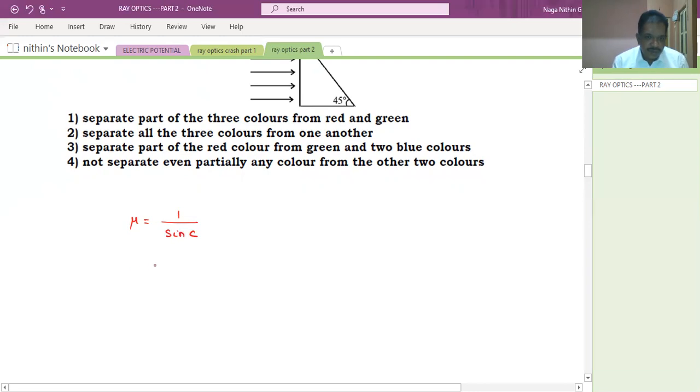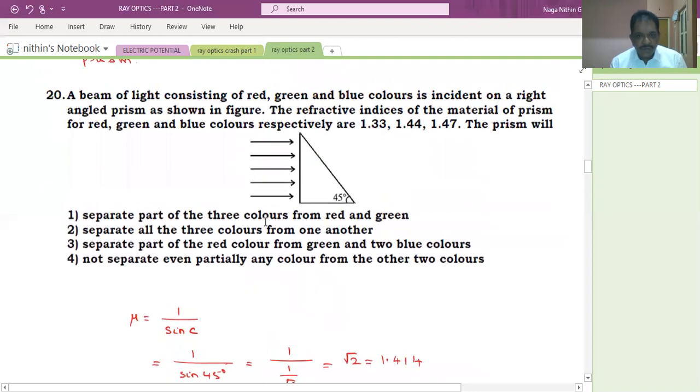Okay, mu value, so this is 1 by sin 45 degrees. So 1 by root 2, this will be root 2, this is 1.414.